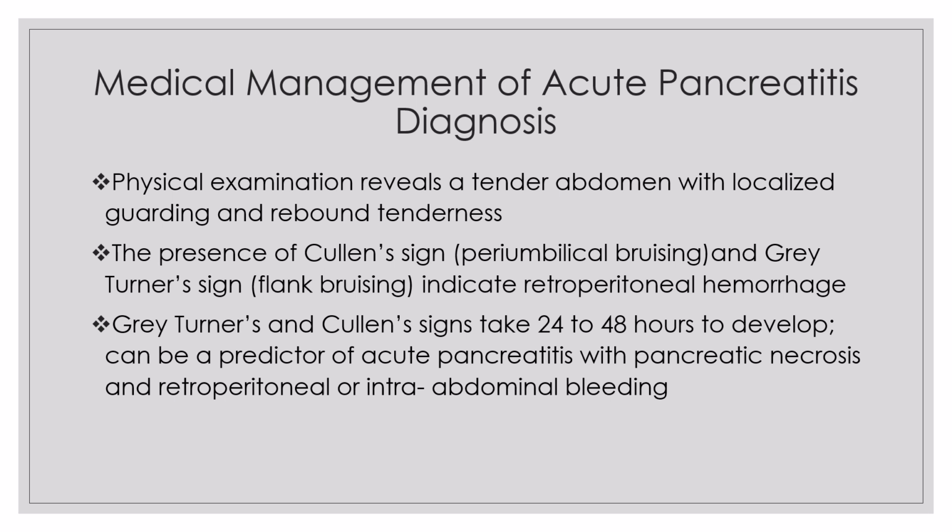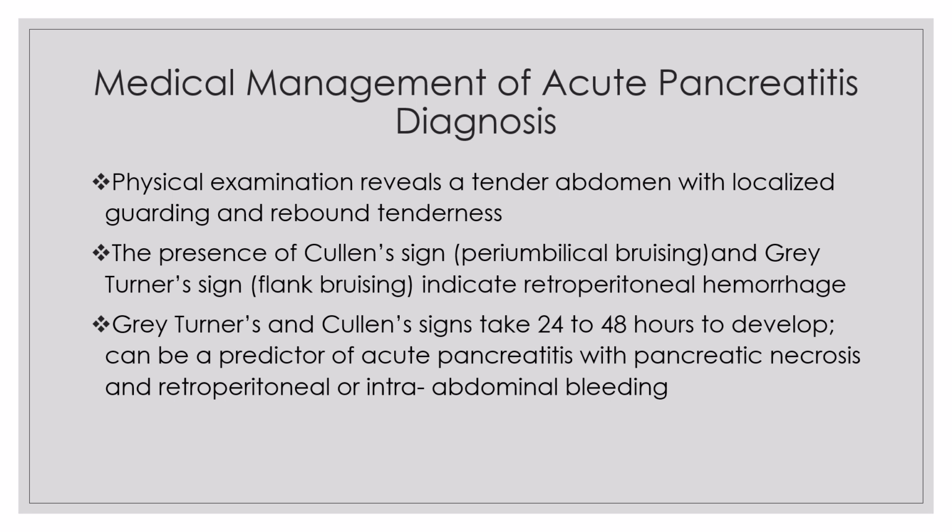It's going to look like bruising. It's actually hemorrhaging under the skin. The way that I am able to remember it is that the Cullen sign will only form halfway around the umbilicus. And so that's how I remember it, because going halfway around the umbilicus, it looks like a C.